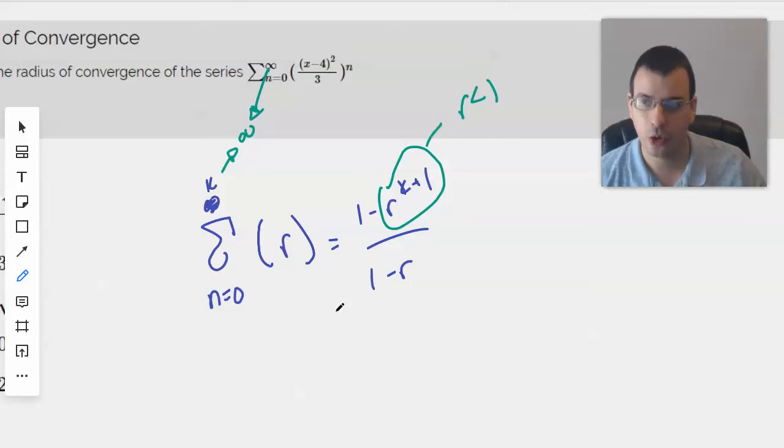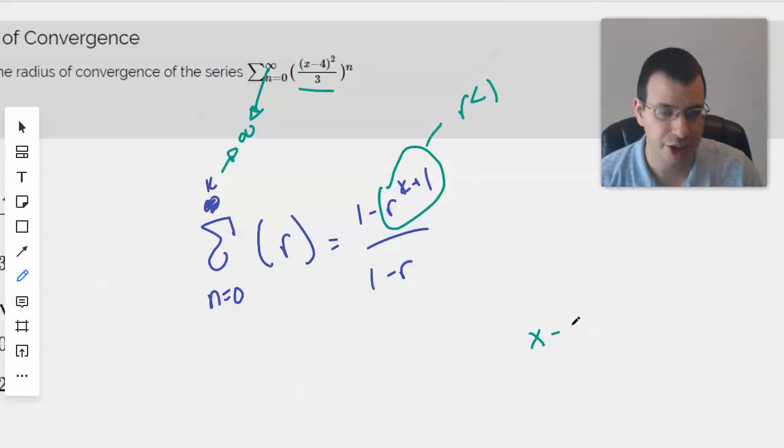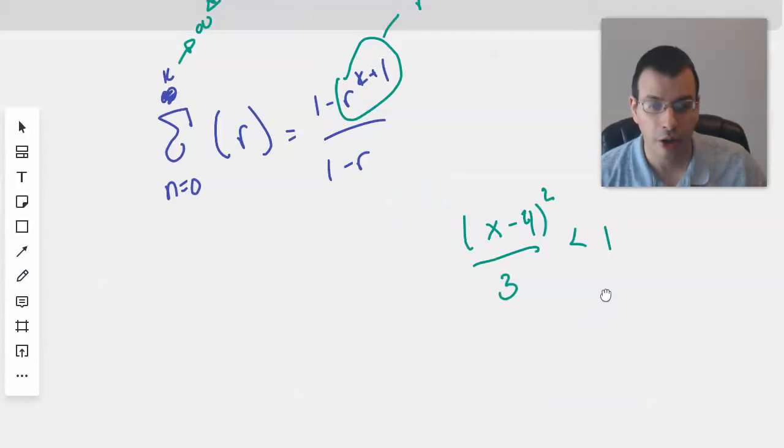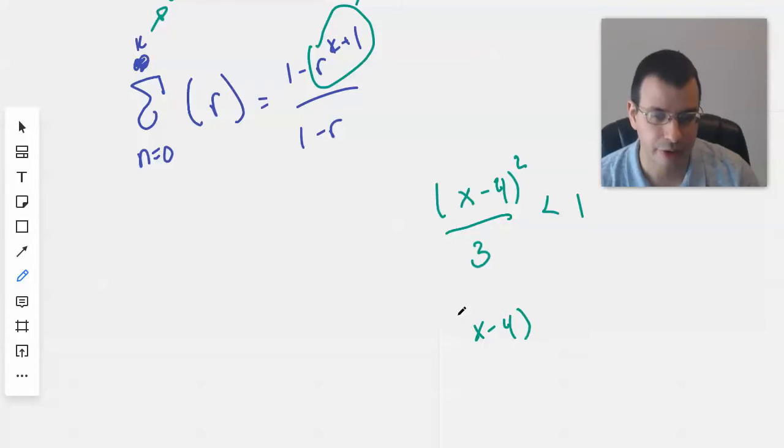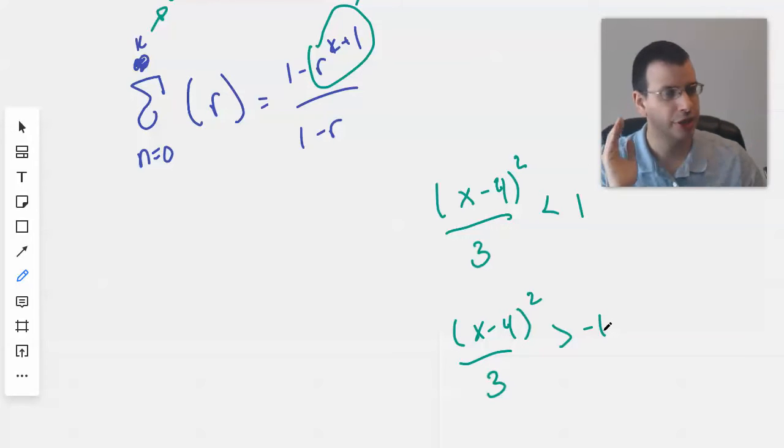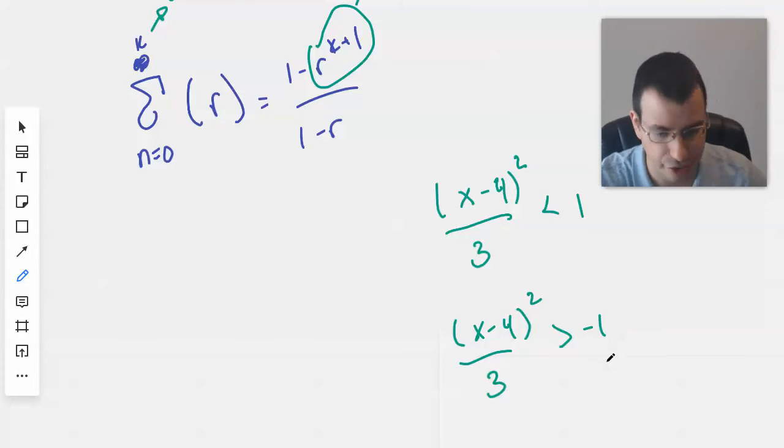So when they're talking about the radius of convergence, we know that we want (x minus 4) squared over 3 to be less than 1, and also greater than negative 1. So basically we want it between negative 1 and positive 1.